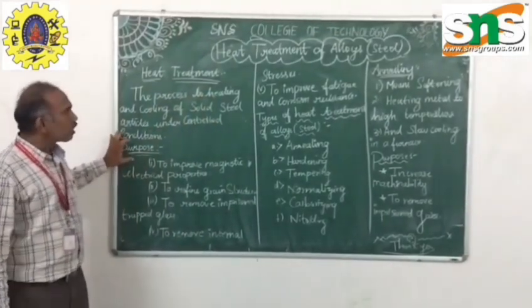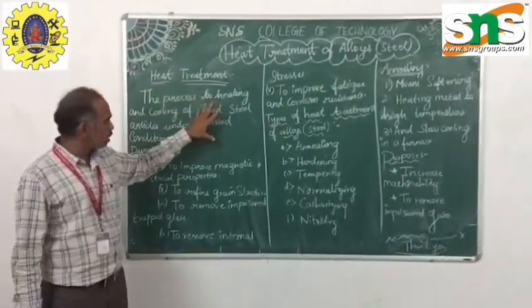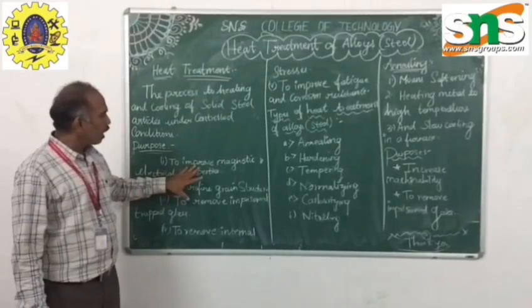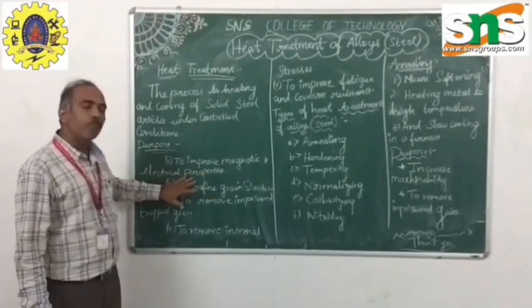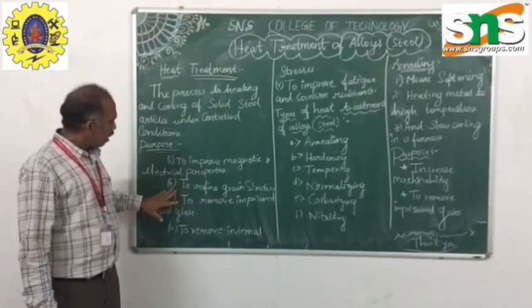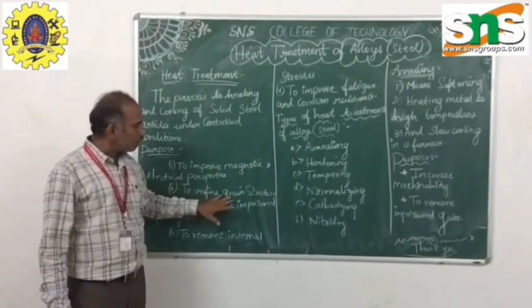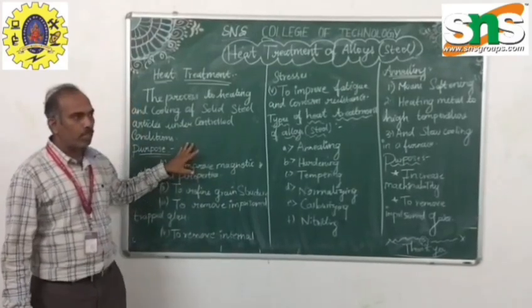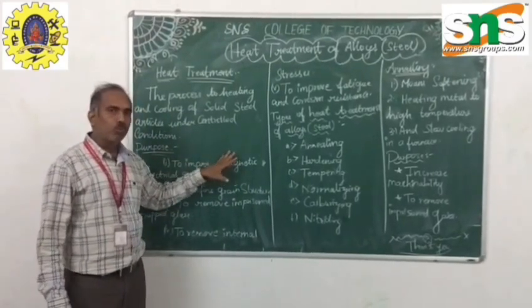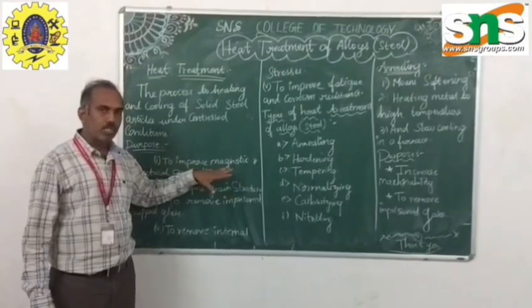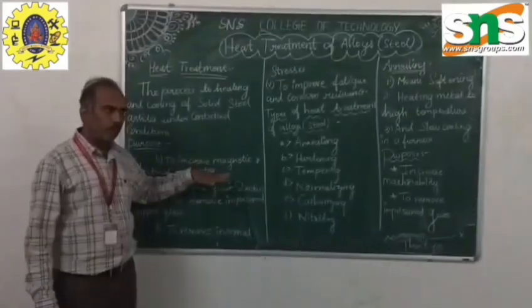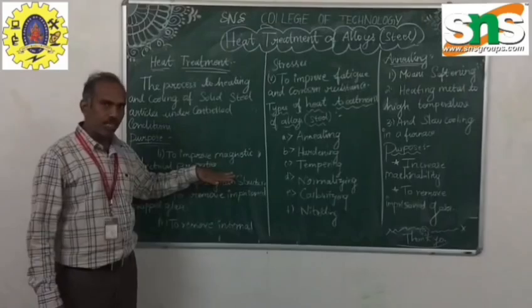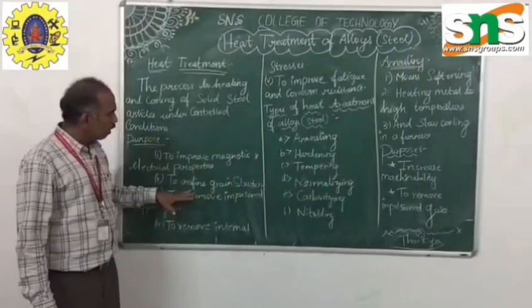The purpose of the heat treatment process is to improve magnetic and electrical properties and to refine the grain structure. In the first manufacturing of any article, if you look at the microstructure, the top surface area has many defects.